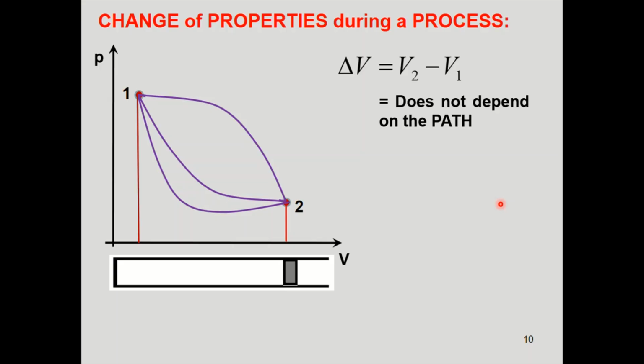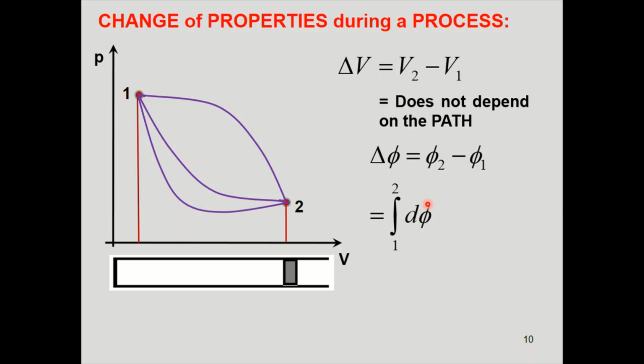Not only that, mathematically we know that the integral from 1 to 2 of d phi is equal to phi 2 minus phi 1, and it happens only when phi is exact differential. Then only it can be written: integral 1 to 2 d phi is equal to phi 2 minus phi 1.